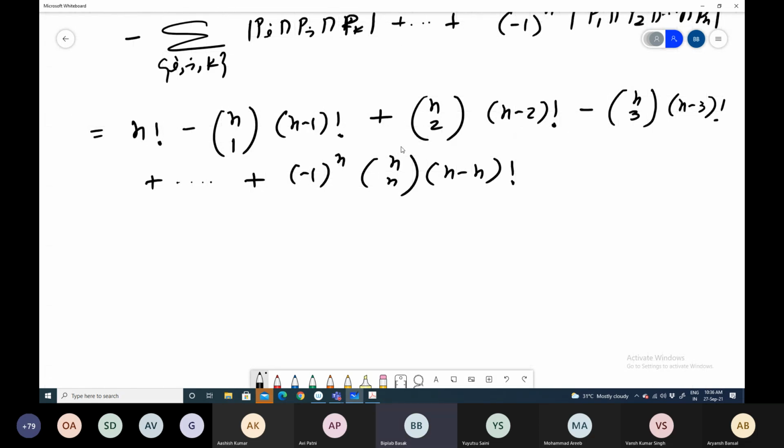This is just the required formula, and we want to simplify it a little bit.